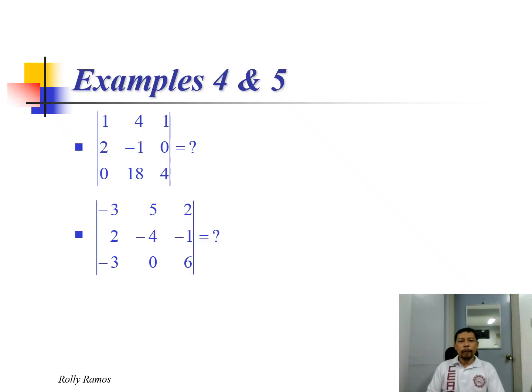Okay, more examples. So this is a 3 by 3 matrix. What do you think is the determinant of this matrix? Are there rows or columns which consist entirely of zeros? None. So next question, are there rows that are equal or columns that are equal?